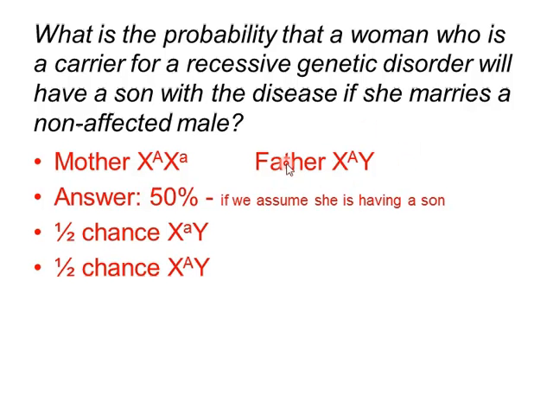Now, if we assume they're having a boy, which it kind of sounds like it based on the question, the answer is going to be 50%, because we know the father's giving a Y. Then it just comes down to the mother. If she gives a big A, they won't have the trait. If she gives the little a, they will have the trait. So it's a 50% chance that their son will have the trait. Really, it's a 1 in 4 chance that any of their kids would have the trait.